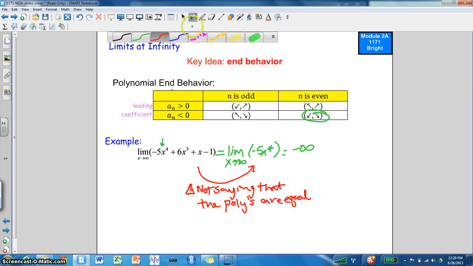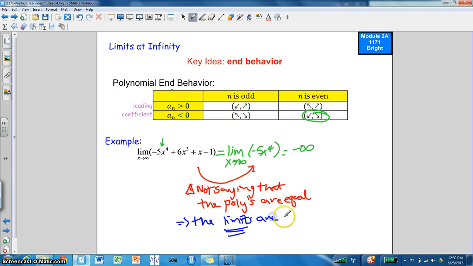It is saying, however, that the limits are equal. For any polynomial, as long as I know its leading term, I can determine its end behavior, and consequently its end behavior tells me its limit.